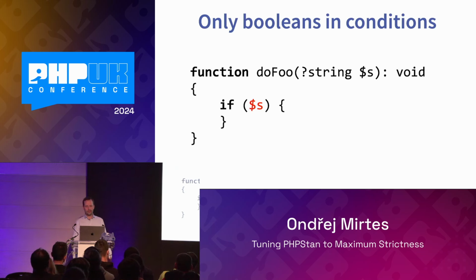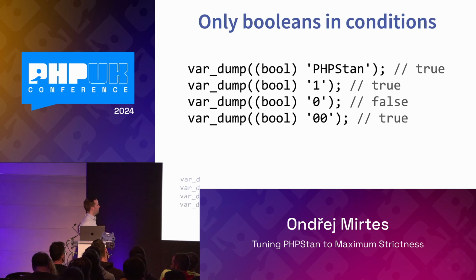And the problem with passing something that's not a boolean into a condition is that it will use loose comparison semantics in PHP. So PHP is going to cast this value to a boolean. Let's see what it does. So yeah, if we have a normal non-empty string, it's going to return true, except when it contains a 0.